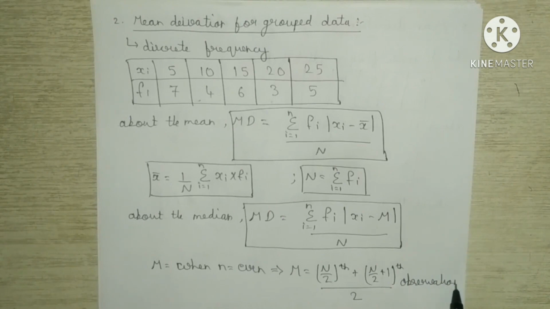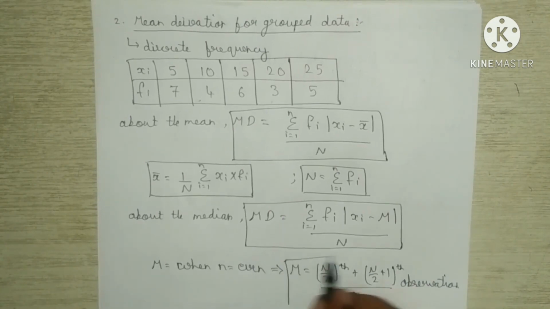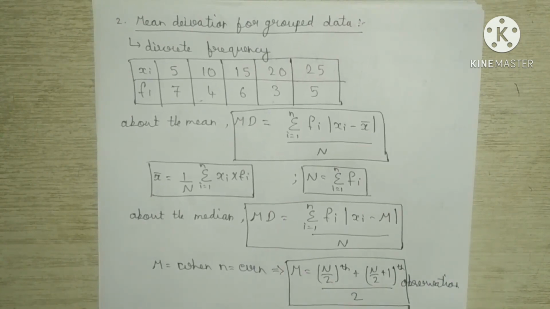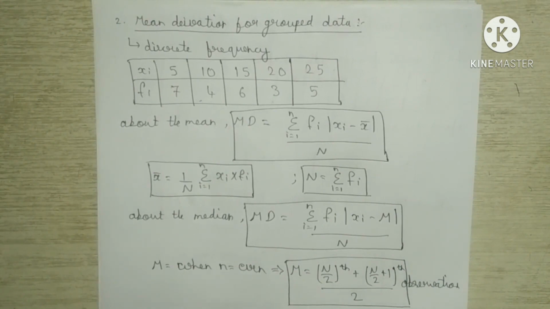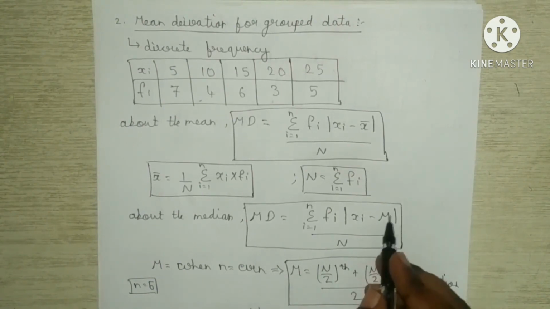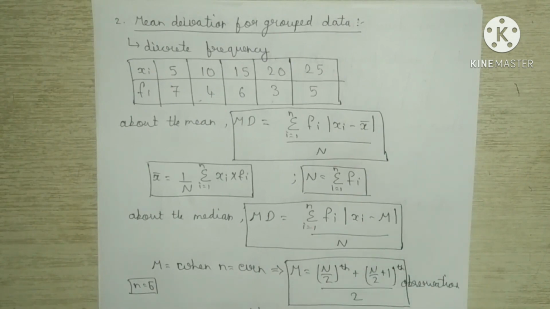This will be the median for small n is equal to even. When small n is equal to odd... when small n is even, like 6, 6 is even, you need to use this formula to find M and substitute M here. When n is equal to 3, 3 is odd.